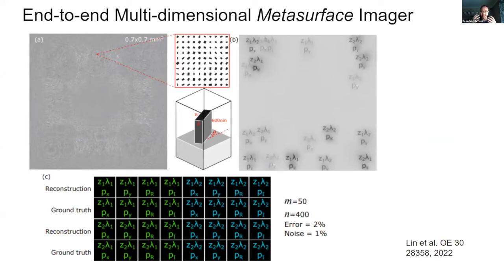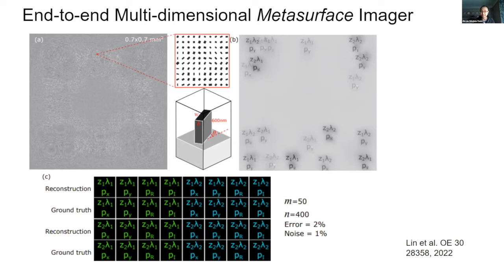So what we showed before is a proof of principle of how you design extremely compact devices through the Maxwell equations for spatial, spectral and polarization information extraction. What we eventually want to do is multidimensional imaging, right?